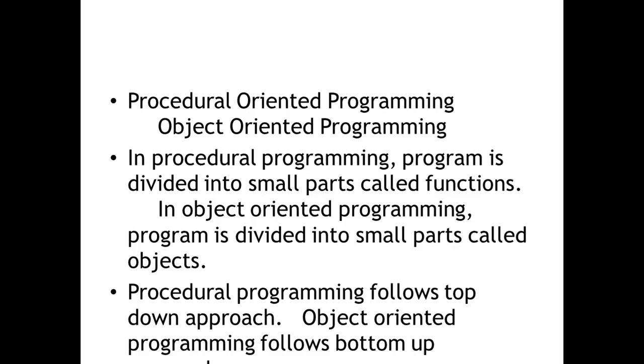But object-oriented programming follows a bottom-up approach. Firstly we define some classes, and at the end we define our main class. We will study it when our coding starts. The compiler always starts compiling or running our program from the main class.